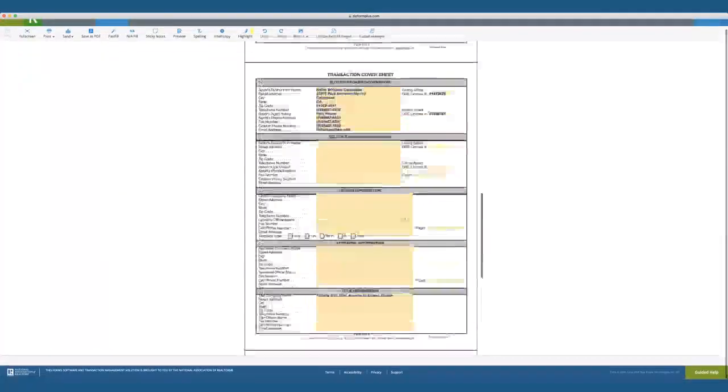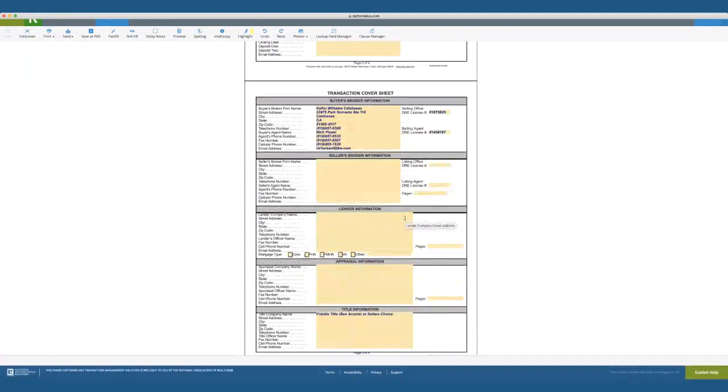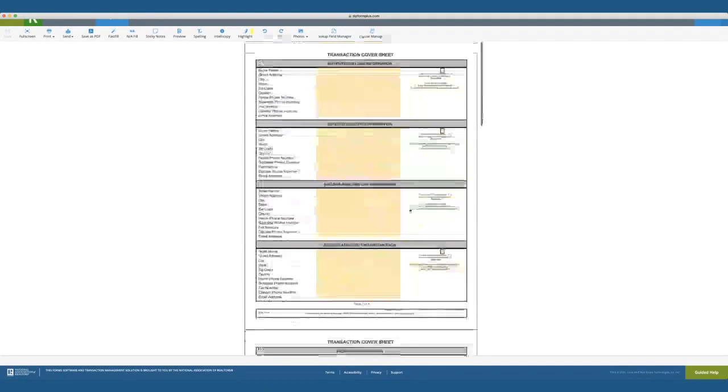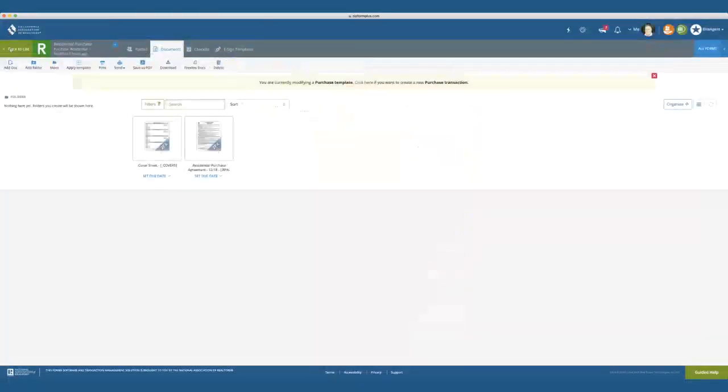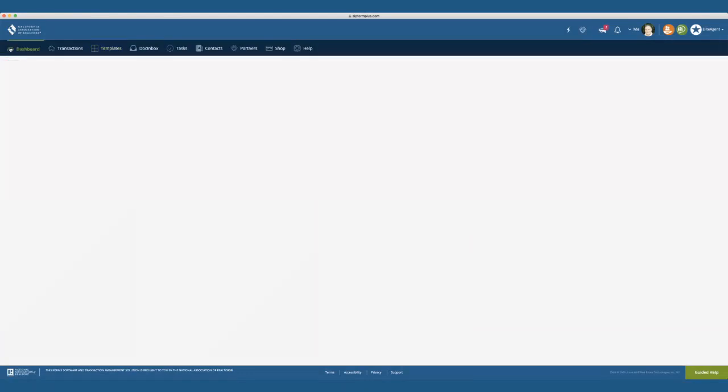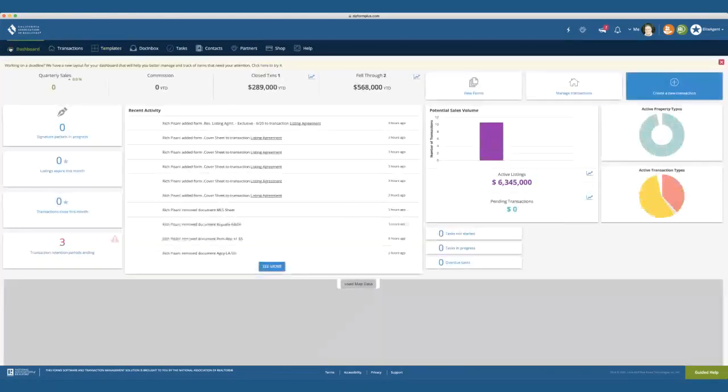Those are things that are consistent with pretty much every single offer that you write. So you're going to put all that in there, and you're going to save it as your template.